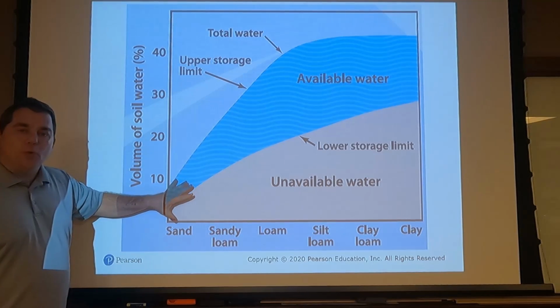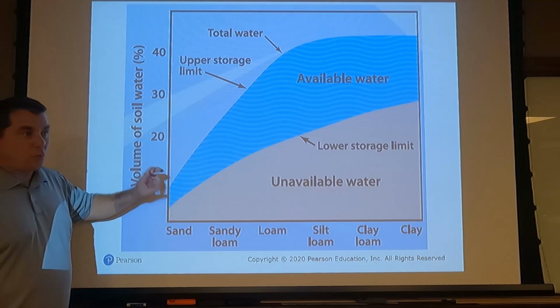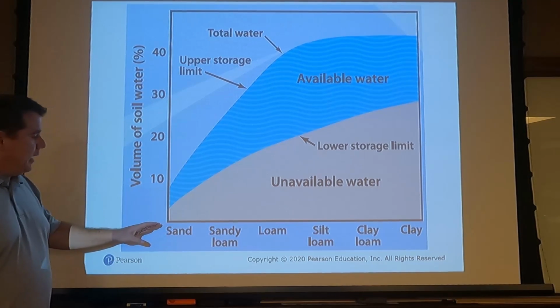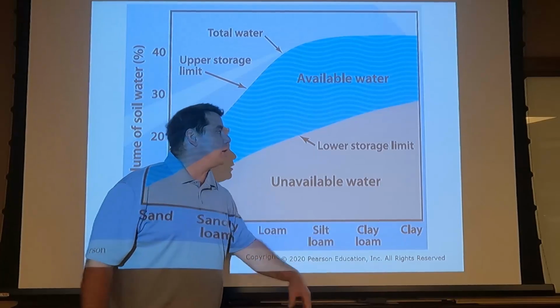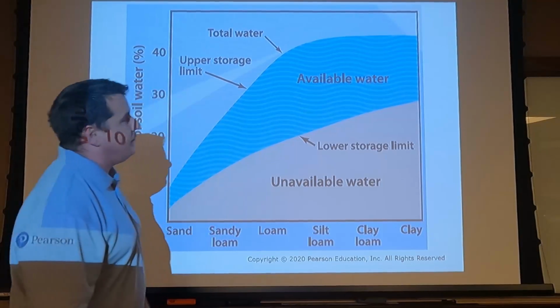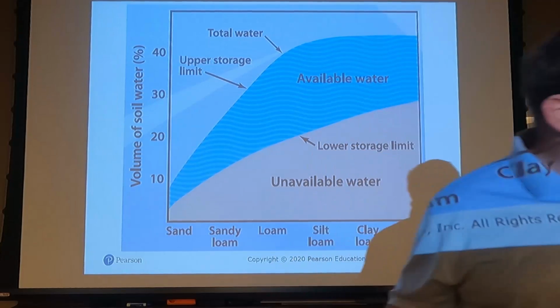There's too many macropores, and so the water cannot be held in the soil, or the sand actually. But as we get closer to our silt loams and our clays, we're going to have more available water because it's holding more water in those micropores.